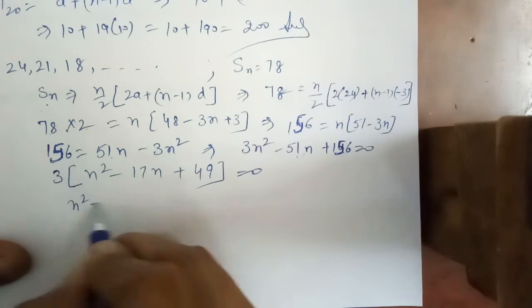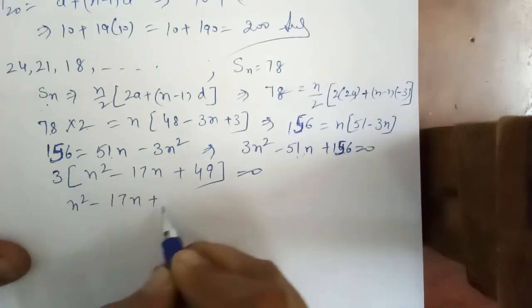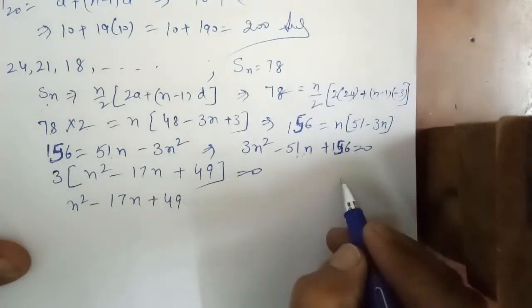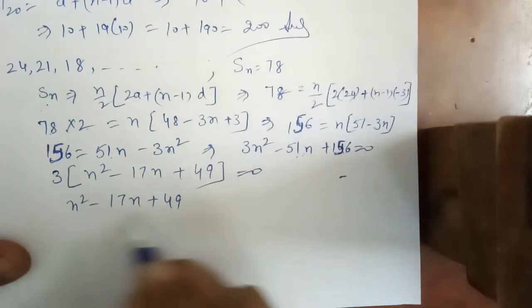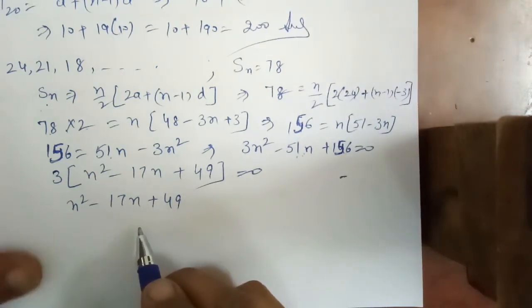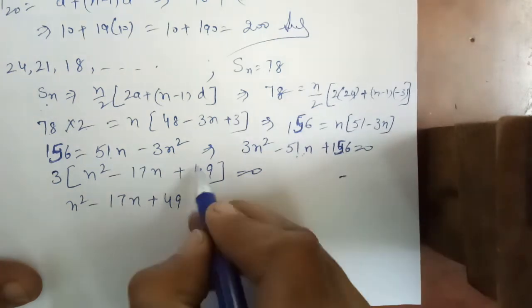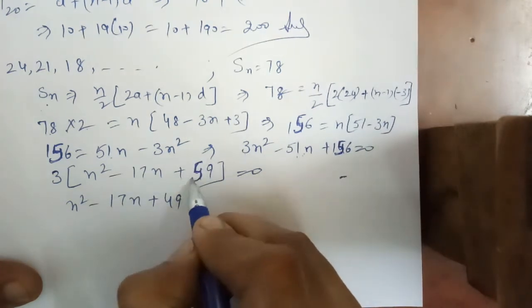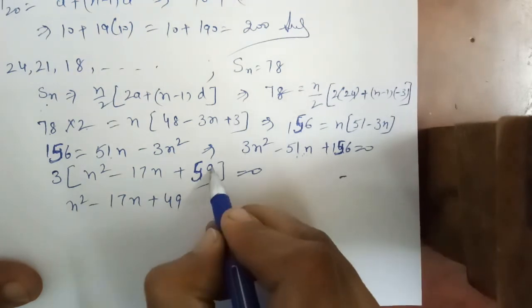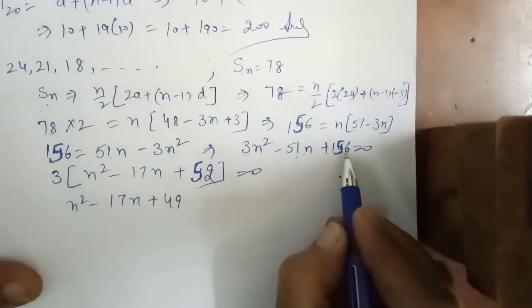Now the value is n square minus 17n plus 52. At what table can we adjust it? 3 4s are 12, no, 3 5s are 15 and 3 2s are 6.